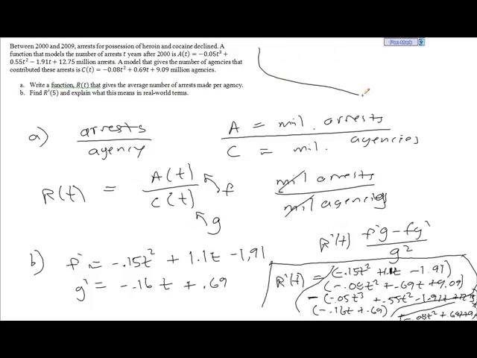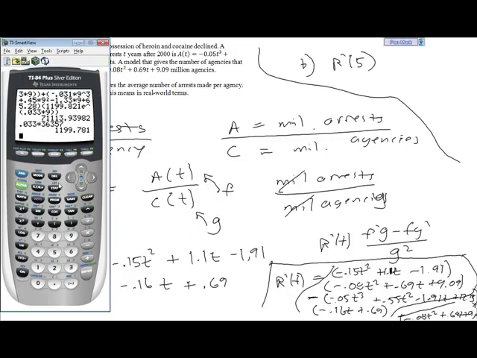Let's work up letter B over here so I can easily reference this. That's the only problem with this, it's just so long. I want to find r prime of 5. I have my r prime right here, and now I just need to plug everything in. My recommendation, so you don't get messed up with the parentheses, is to do the numerator first, because it's a lot like the product rule, except that it has a minus in between the products.